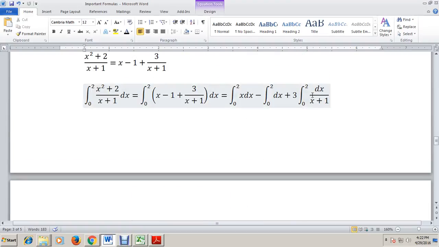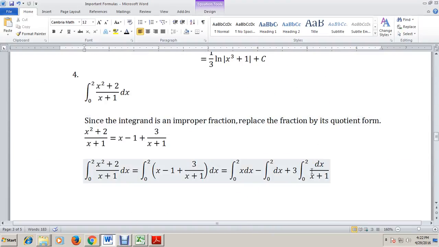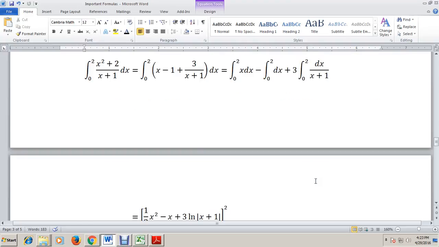And of course, for the third one, try to notice that this is in fraction form. The technique here is to let u equal x plus 1, then you get du equal to dx. Therefore, this is in the form of du over u. And we know from the very first introduction of this video lecture series, part 1, that the integral of du over u is equal to ln of u plus c.